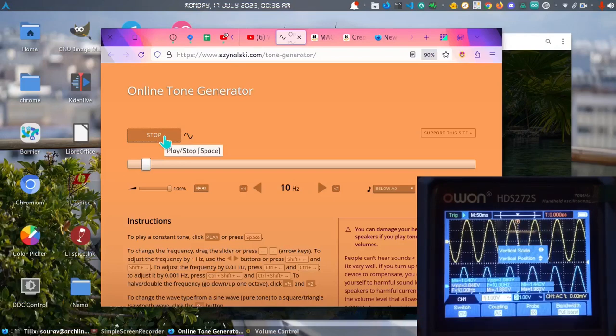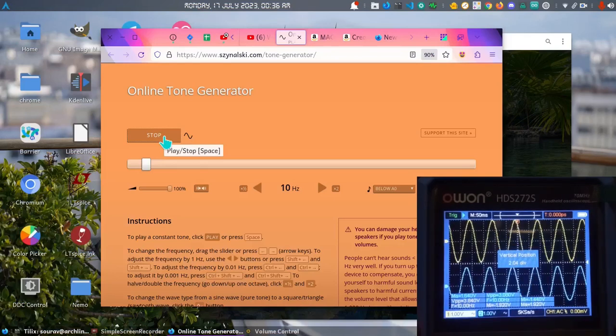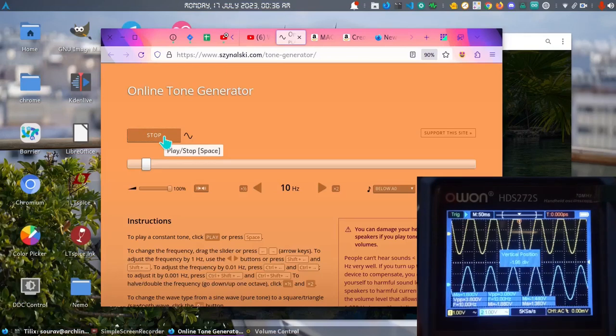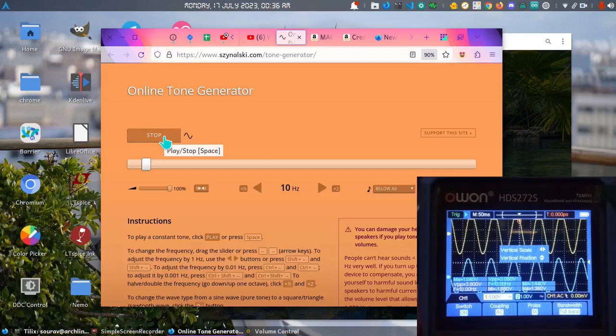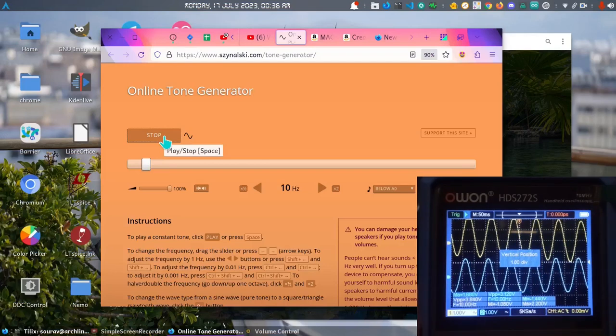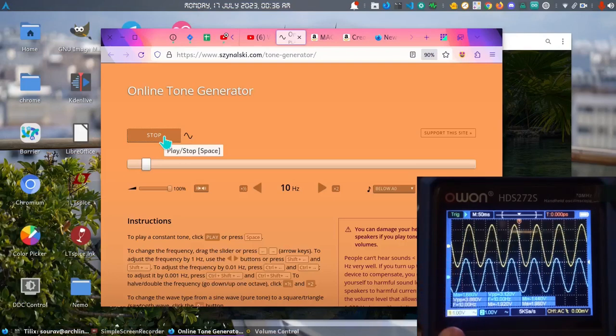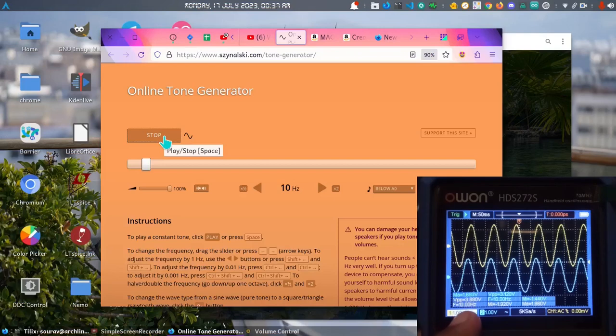If we switch to channel 2 and change the vertical position to 1.3, for example, and for channel 1 we bring that down to 1.5, here you can see that the Maono is actually producing higher amplitude, and the peak to peak voltage is 3.880 volt.